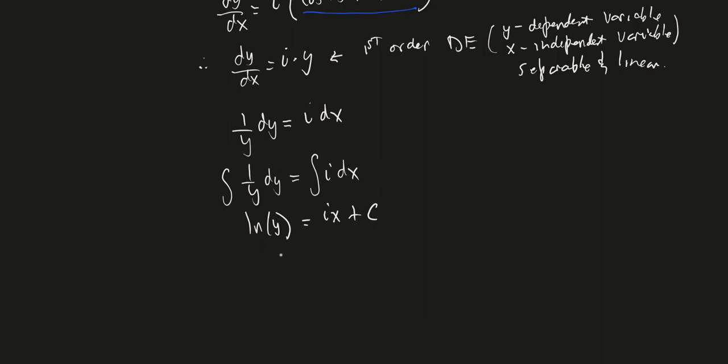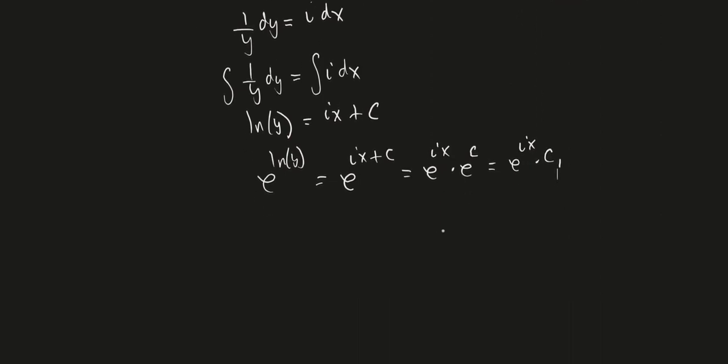So if I take e and raise it to the power natural log of y, and e to the power of ix plus c, and also use our nice trick for exponentials where we can factor this as e to the ix times e to the c, but e to the c is just a constant, so I can write this as e to the ix times c1.